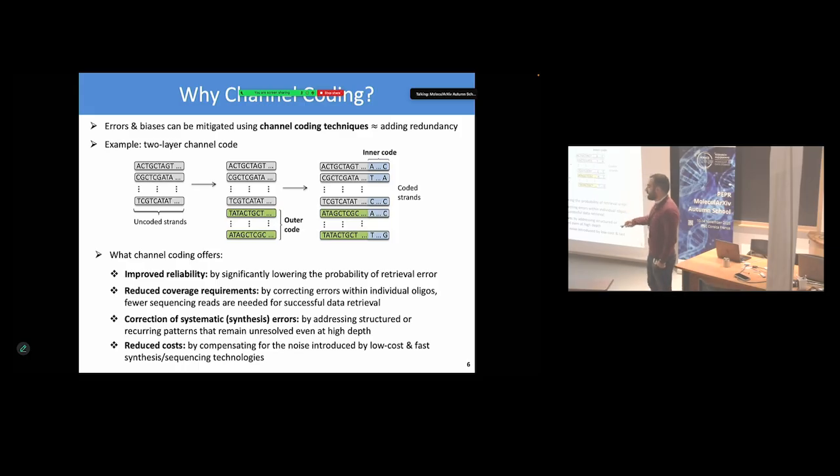But nowadays, for instance, people still go to Twist when they want to do a DNA storage experiment. Why? It's because they don't want to handle these errors, or they're not confident that they can handle these errors. But if we can handle these errors, then this would enable the use of lower cost and faster synthesis technologies, and this is why it can correspond to reduced costs in general.